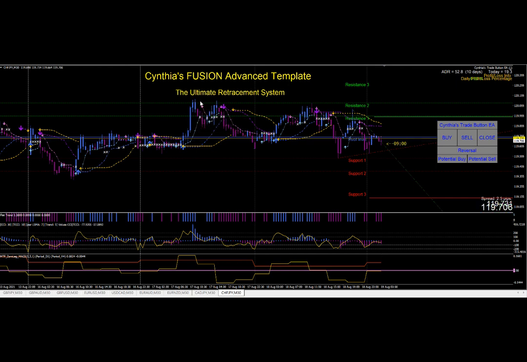And so that's telling you that Fibonacci resistance 2 is the place that you actually should have exited your trade completely. And if you haven't, then you have these other signals to tell you to close.